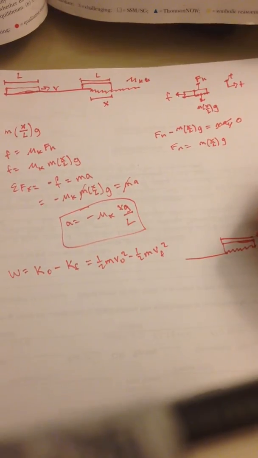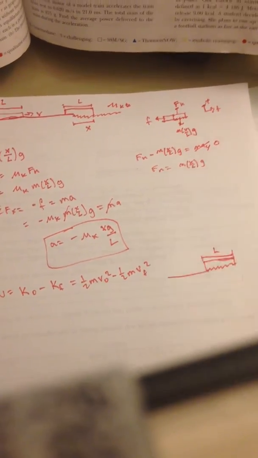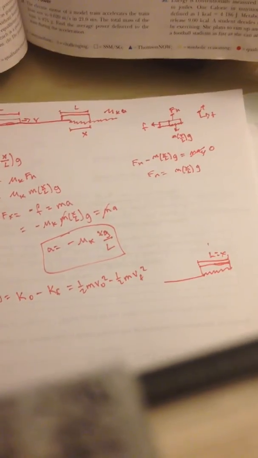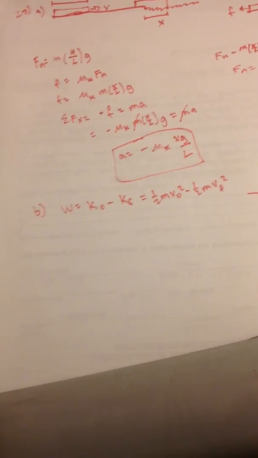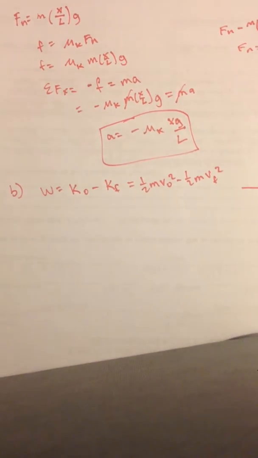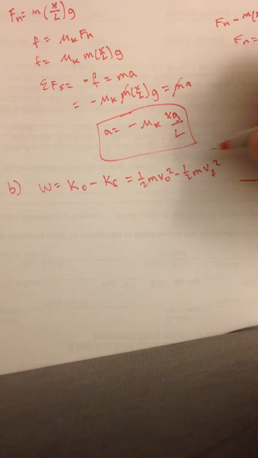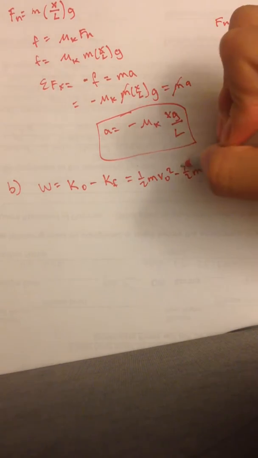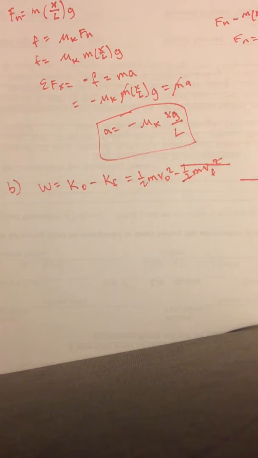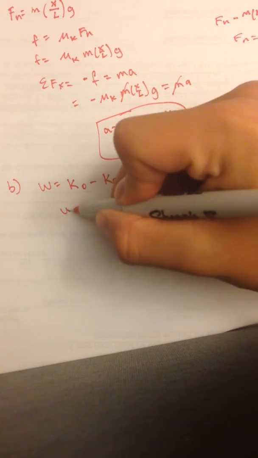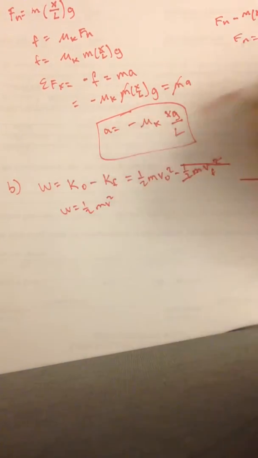So the distance L is the same as the distance x in part B. Our final velocity is 0, so this goes away, and we're left with work equals 1/2 mv squared.